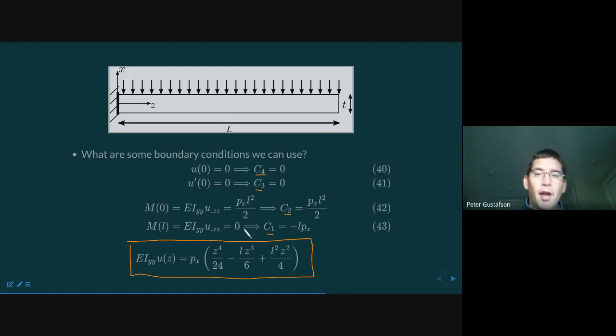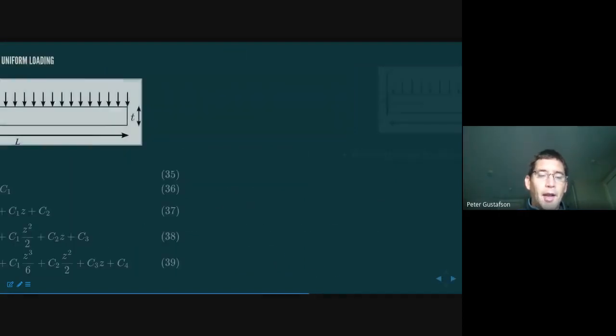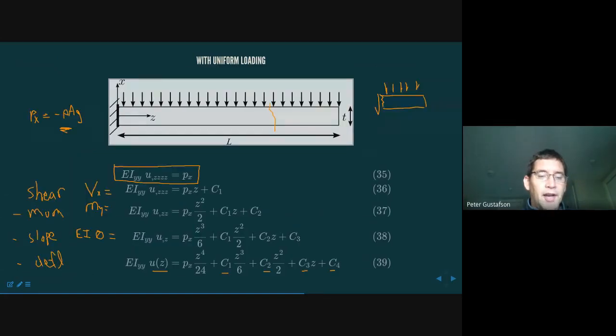Another thing that we could do is we can go back one more slide. We can also do a sanity check. Now that we know C1, C2, and C3, we could equivalently check the slope is equal to 0 at the origin, and that's by looking at C3.